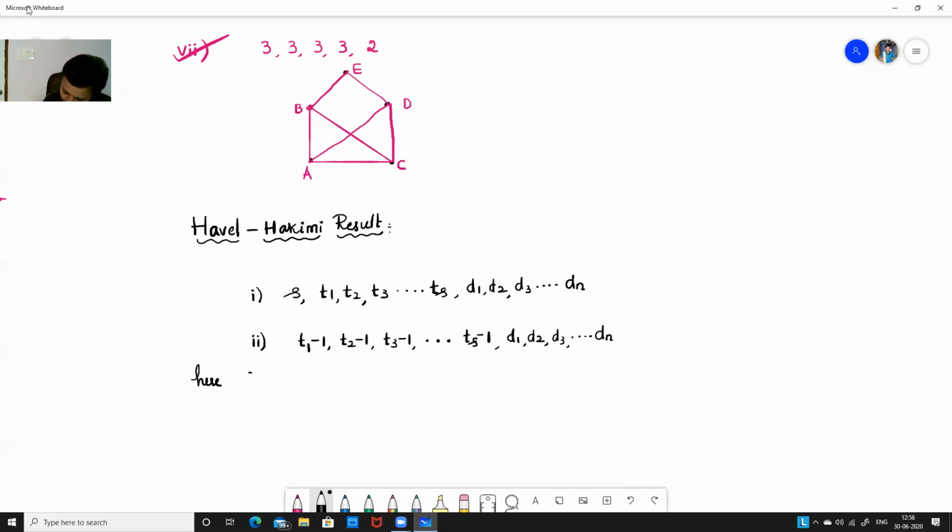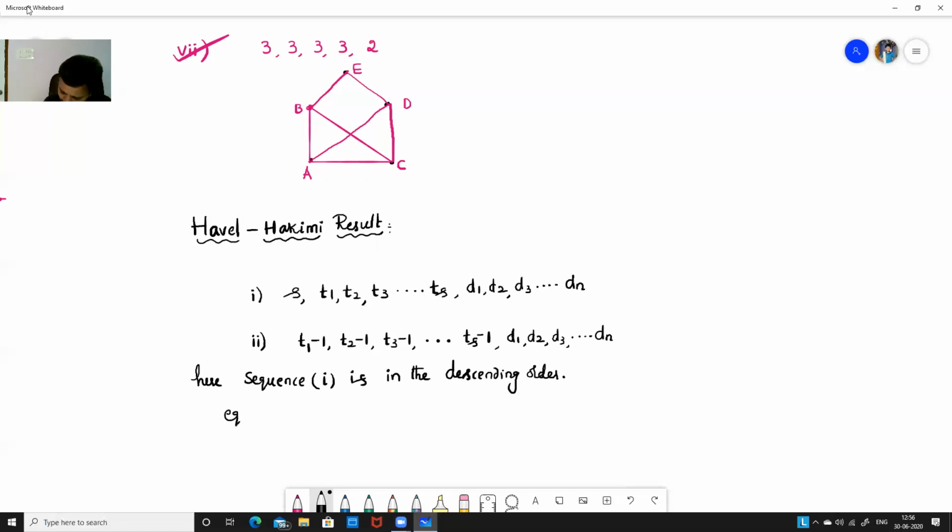Here, sequence one is in the descending order. So if this condition satisfies, now what is the meaning of Havel-Hakimi result?